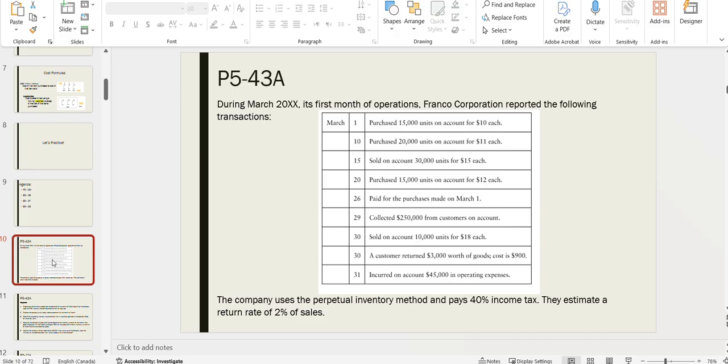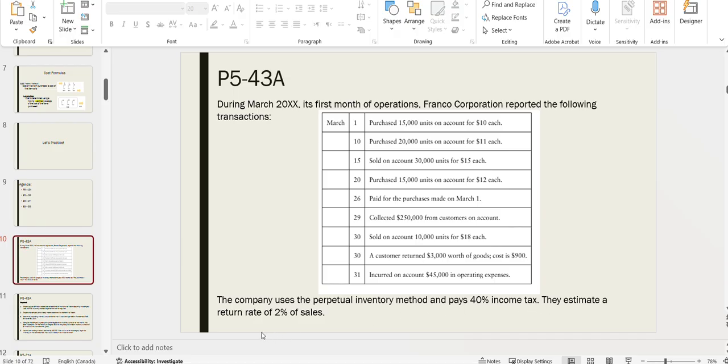So we have a couple of transactions relating to purchase and selling of items from inventory, collecting cash, and etc. The company uses the perpetual inventory method and pays 40% income tax.